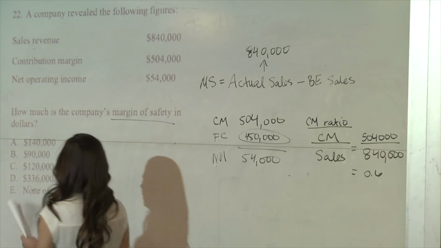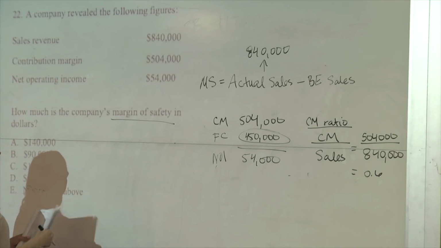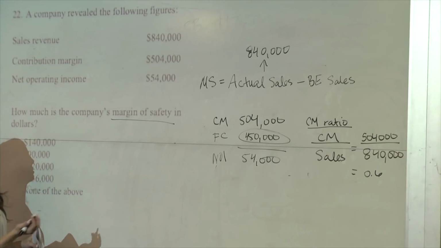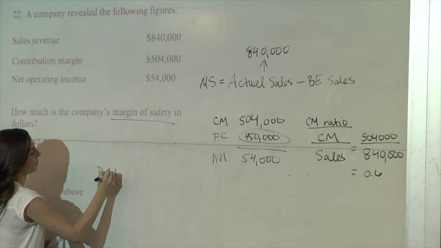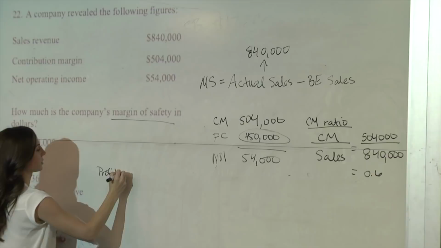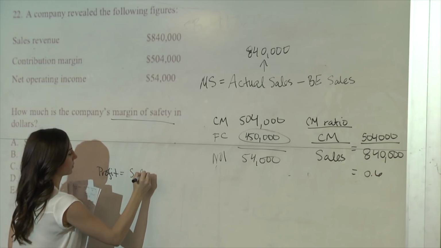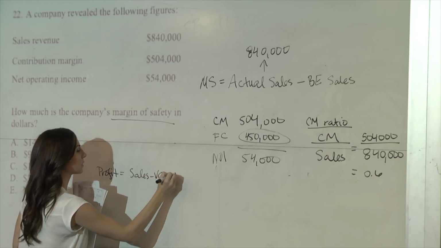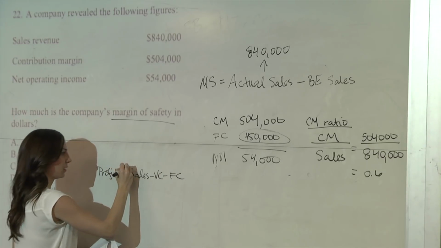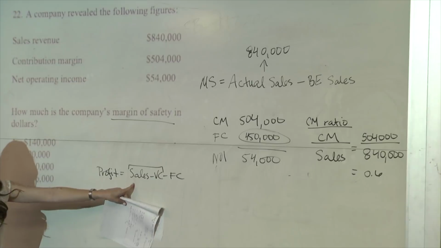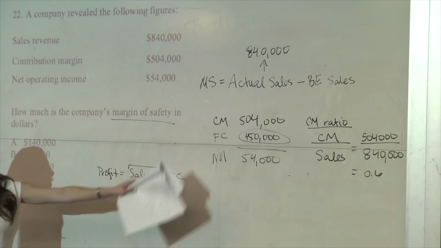Now we can look at our basic equation that we looked at before: profit equals sales minus variable costs minus fixed costs. So again, this is the tricky part. Fixed cost is always pretty easy once we actually get it.